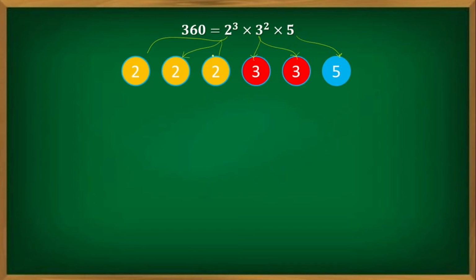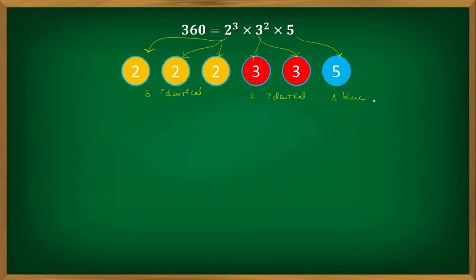We are going to convert this into a problem of permutations and combinations. Let us suppose you have 3 identical balls of yellow color, 2 identical balls of red color, and one single ball of blue color.